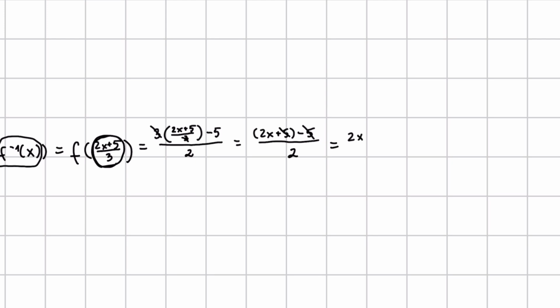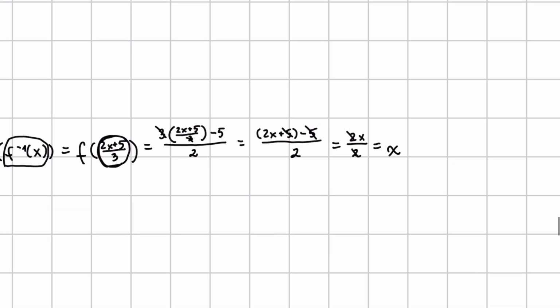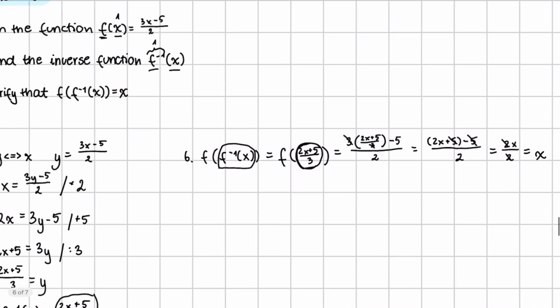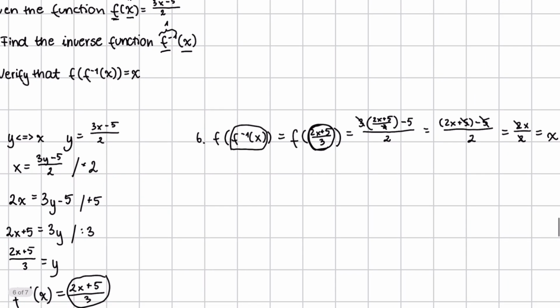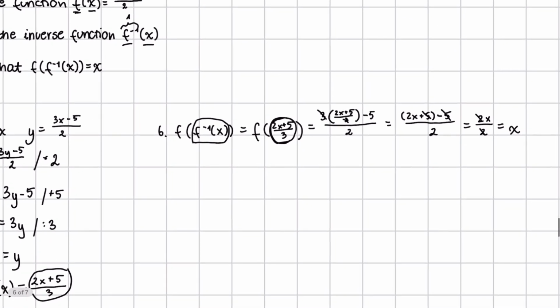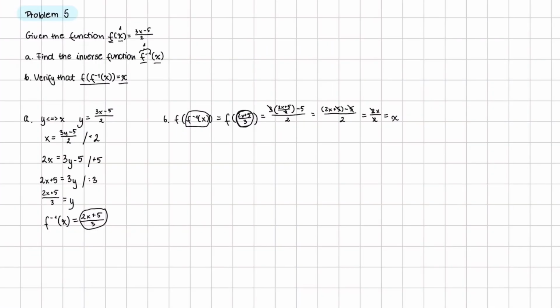And here we have 2x over 2, and the 2's will also cancel out. So our answer is x, as we needed to verify. And when we have a situation like this, with our function and inverse function, this is always equal to x. And that's all for today from this functions topic.